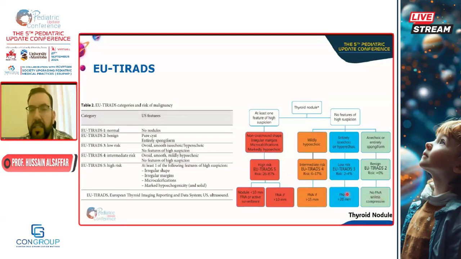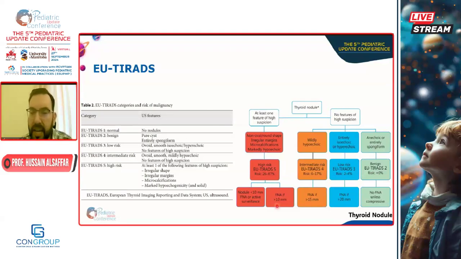Here, it's suggestive if there are some changes, then yes, you need to do aspiration, especially if the size of the nodule is more than 2 centimeters. Here, you need to do aspiration if the size is more than 1.5 centimeters, but you have mildly hypoechoic lesions, and that's EU-TIRADS 4 because of the increased risk of malignancy compared to the other categories. Similarly, if there is at least one feature of high suspicion, you need to proceed with needle aspiration if it's more than 1 centimeter.